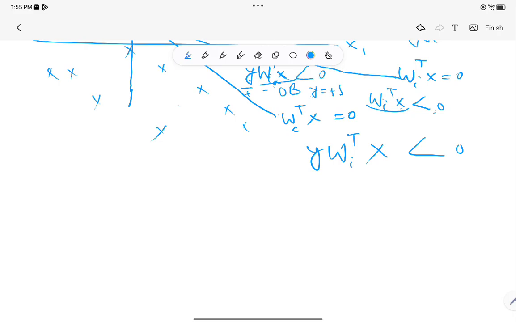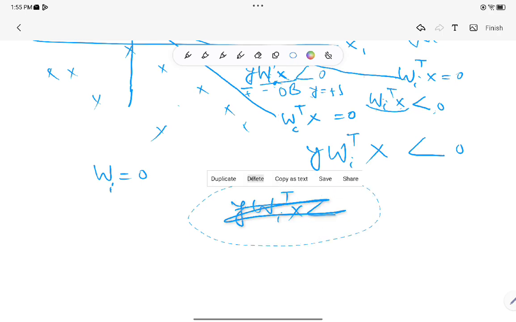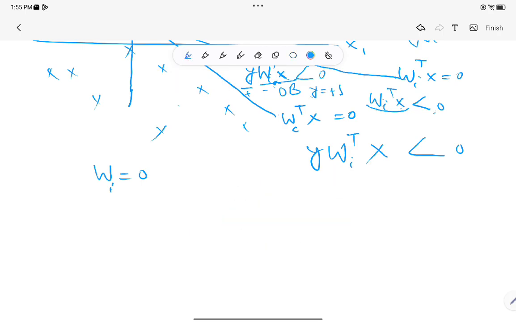What is that condition? We first start with a wrong w equal to 0. Let this wrong, incorrect w be equal to 0, and then test this. We calculate the value of y_i w^T x_i and check whether it is greater than 0.